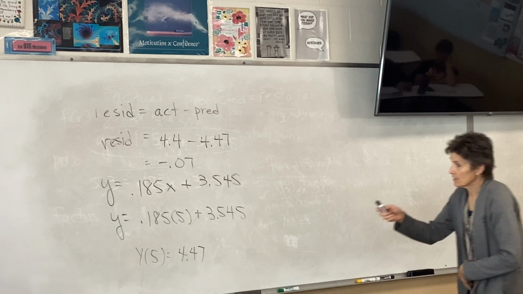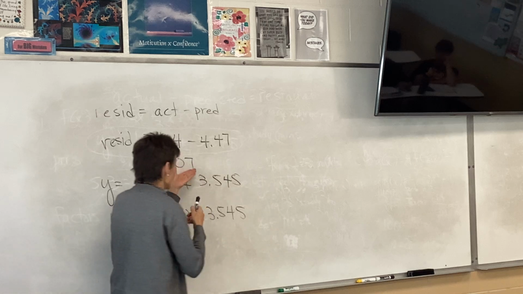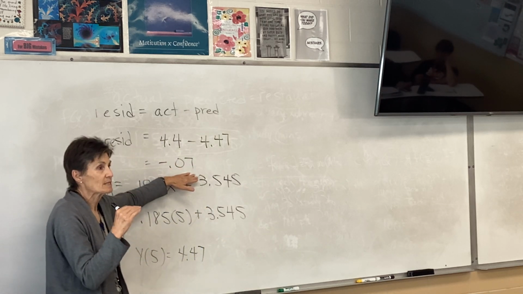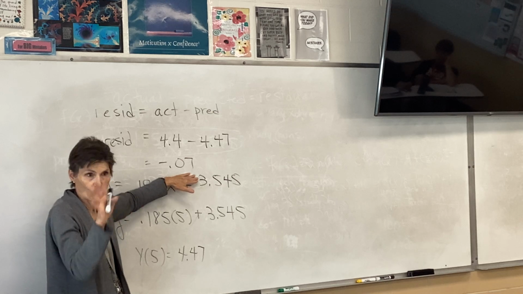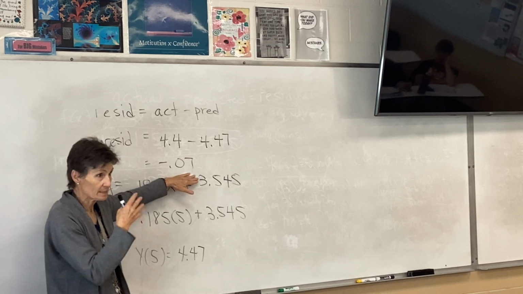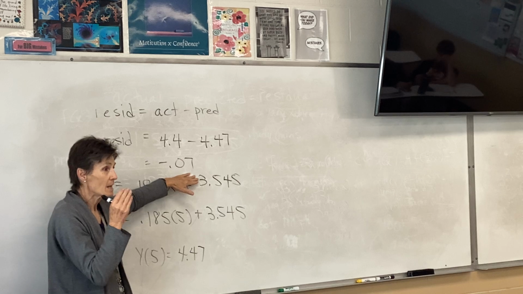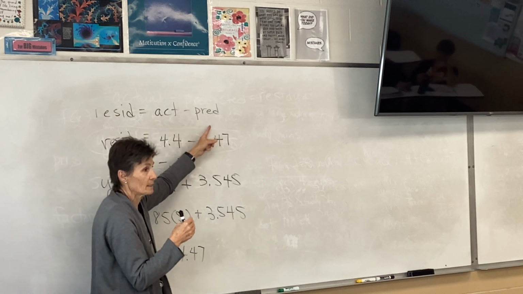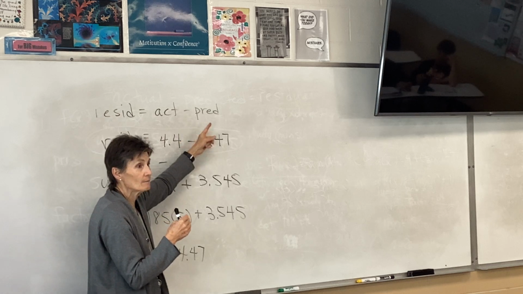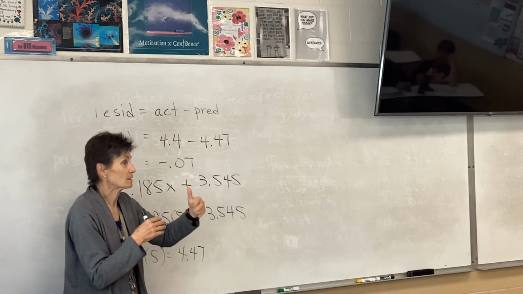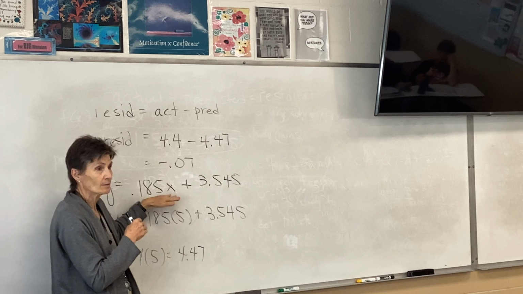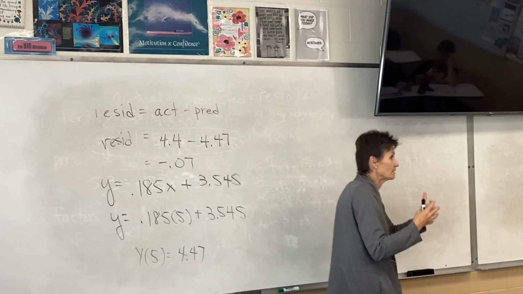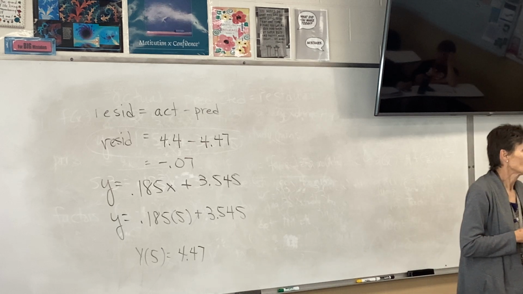So interpret this number. You're going to have to be able to interpret your residuals. This, first of all, is a very small number, so that means our model is relatively accurate, at least at this point. And the fact that the residual is negative, remember how it's calculated, means the model overestimated, predicted the baby would be heavier.